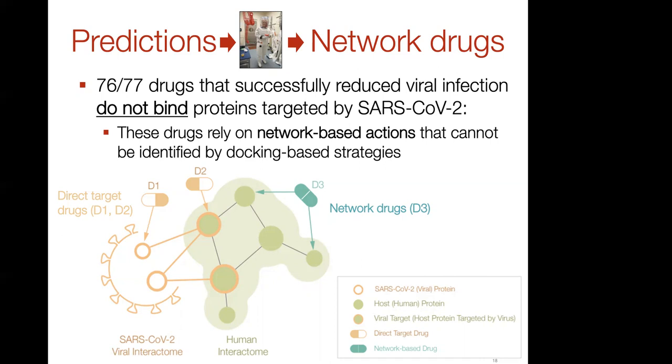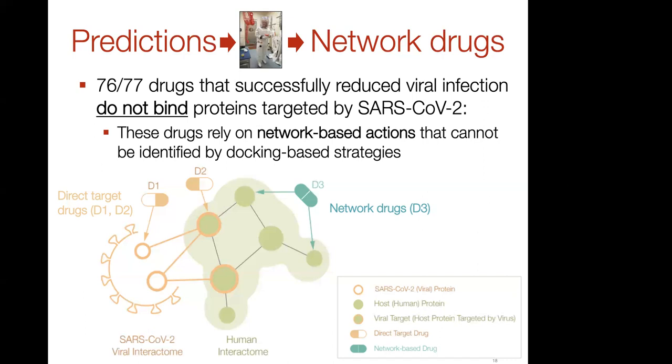And so why is this significant? This is significant because it means that standard or more classical methods for drug repurposing that are based on molecular docking simply would not be able to identify those drugs, because they can only look at those effects that are the result of direct interactions between the targets and the drug.